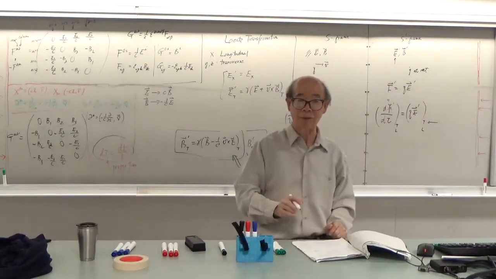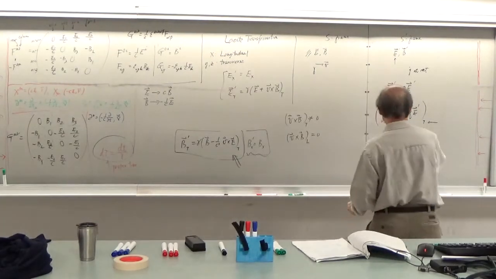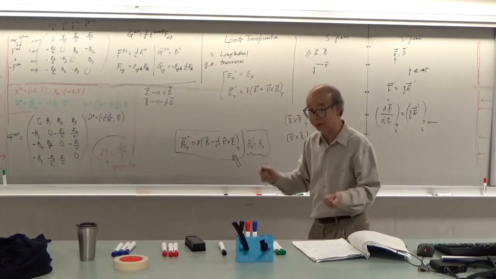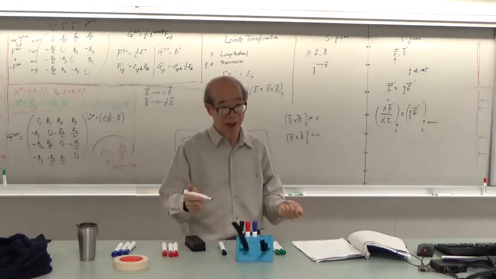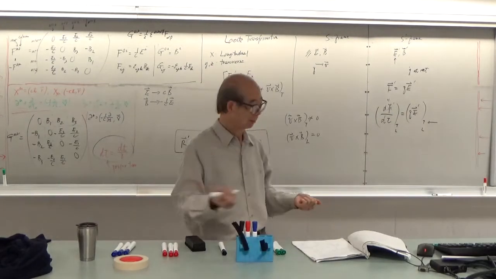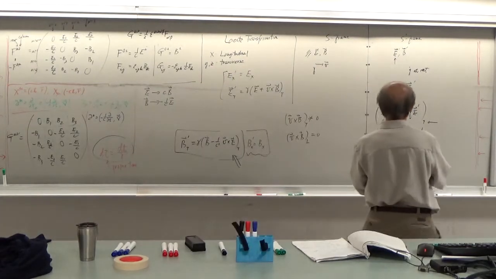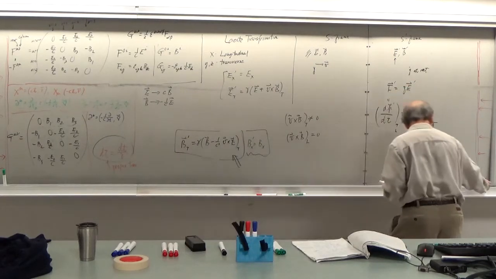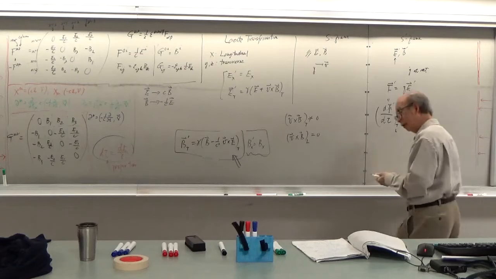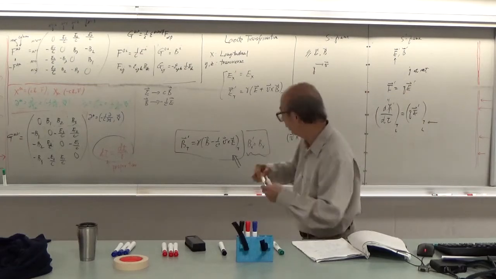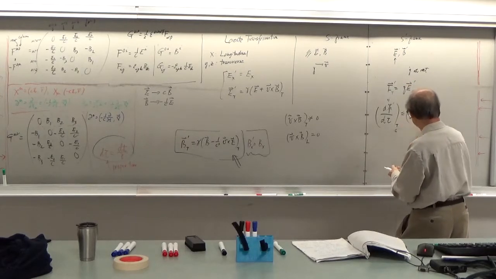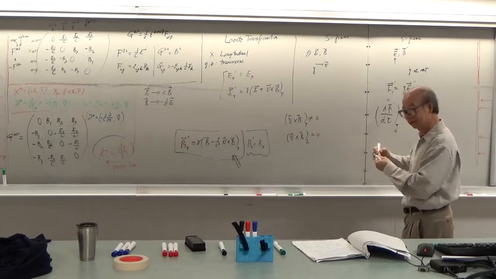And to save time, you can also do the longitudinal part without too much difficulty, especially with the help of my lecture notes. So let me consider the transverse part of this equation, and not talk about the longitudinal part.